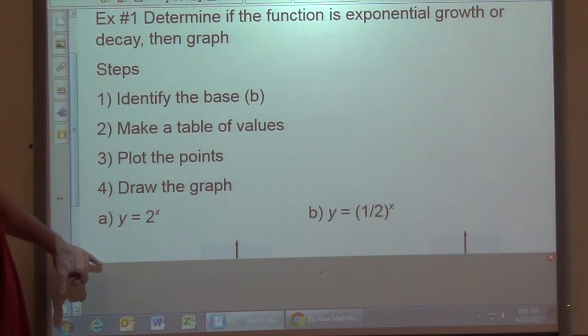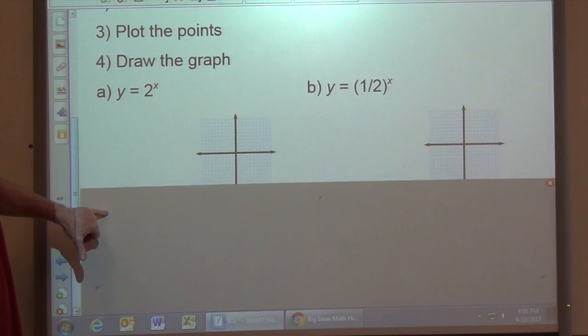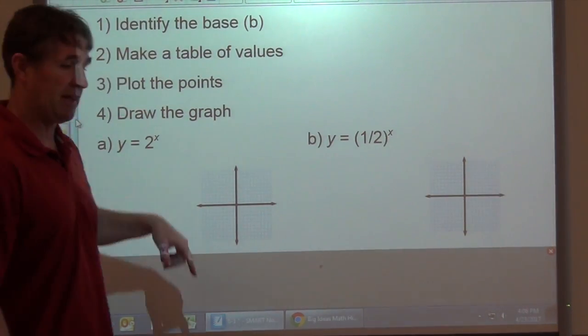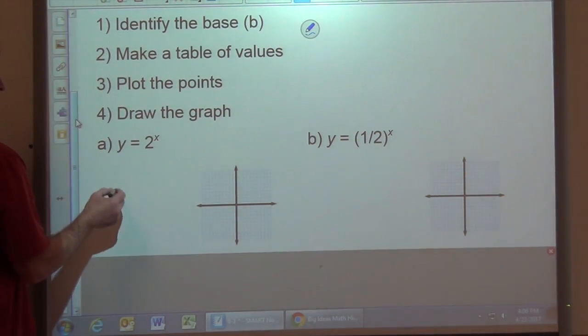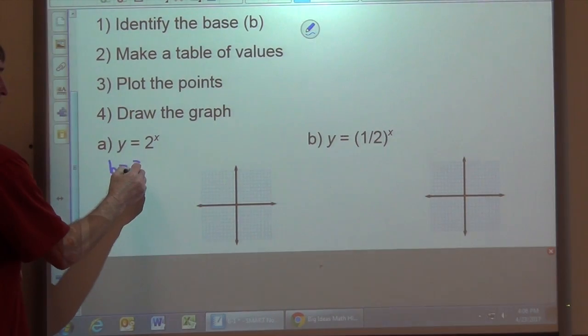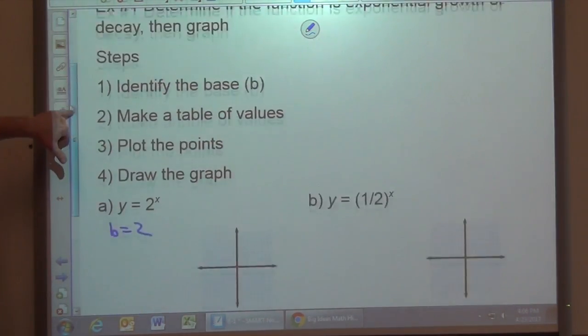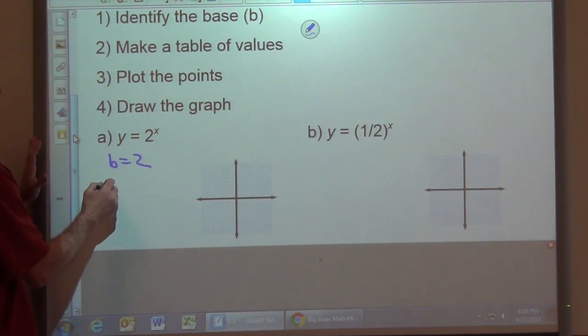So if we look at the examples that we've got here, these are the first 2 examples. So the first thing we're going to do, identify the base. Remember, base is b, so in this case our b is equal to 2. So if we go back and we check this, we know that it's greater than 1, and so this is a growth problem.